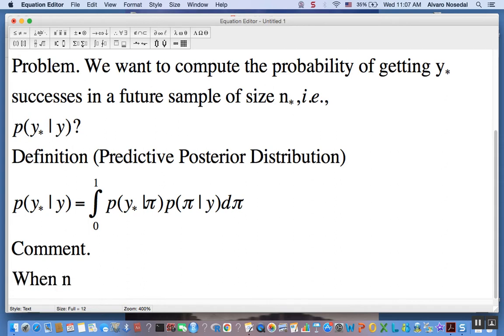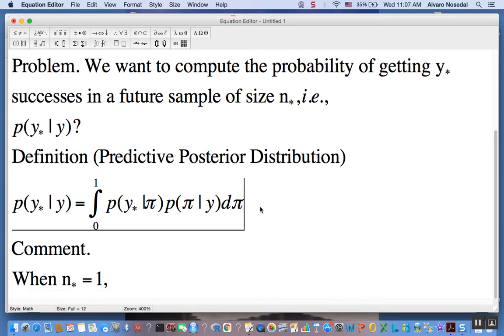Now, a comment. Let's talk about a situation which might be simple, and it's going to give us a better understanding of the predictive distribution: when n star equals 1.